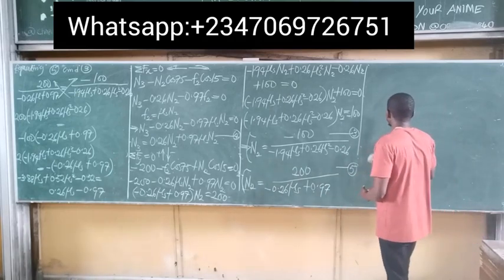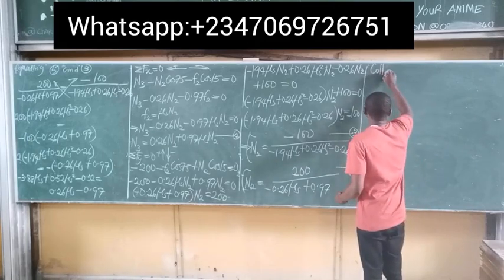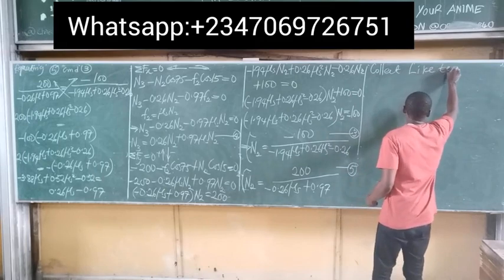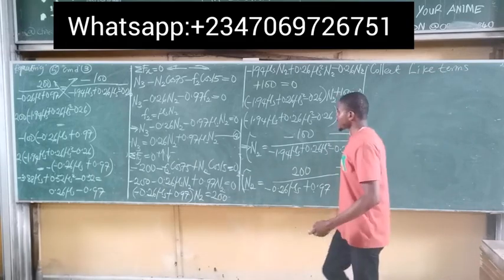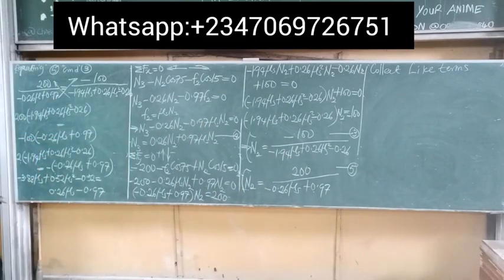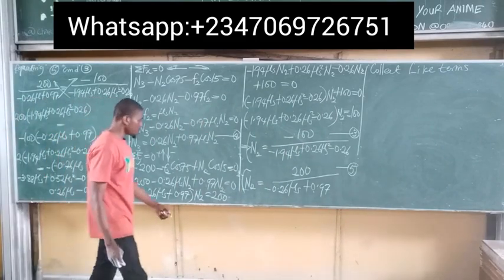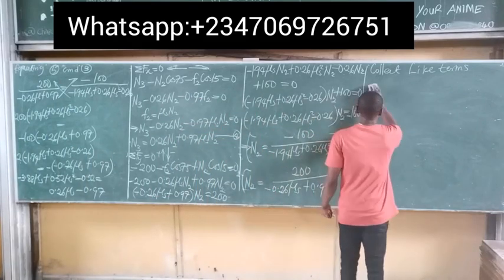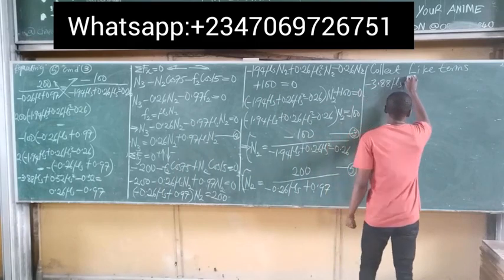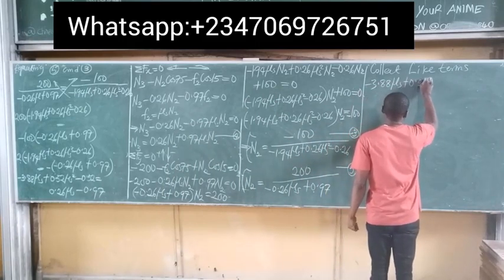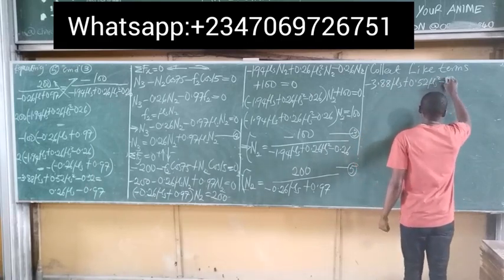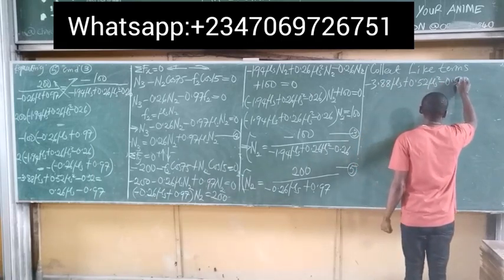So you simply collect like terms. Let's keep all the values here. Minus 3.88 mu x plus 0.52 mu x squared minus 0.52.